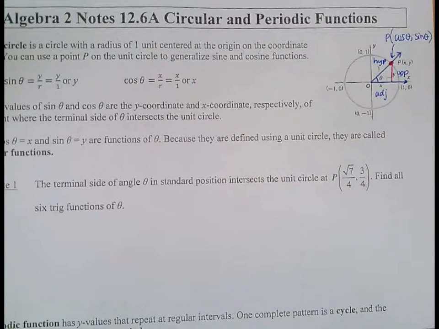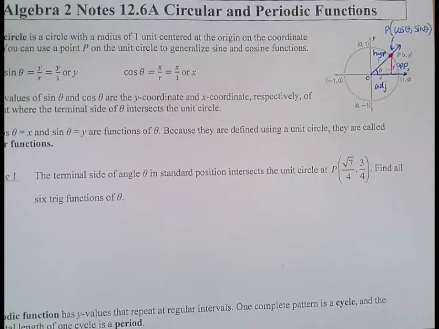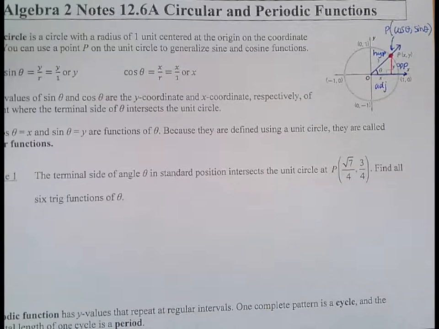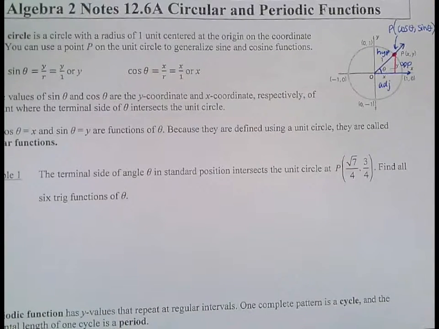And then from that unit circle, as the terminal side travels around the unit circle, and it could continue going around and around and around, cosine of theta equals x, sine of theta equals y. These are both functions of the angle theta, and because they're defined using the unit circle, they're called circular functions.